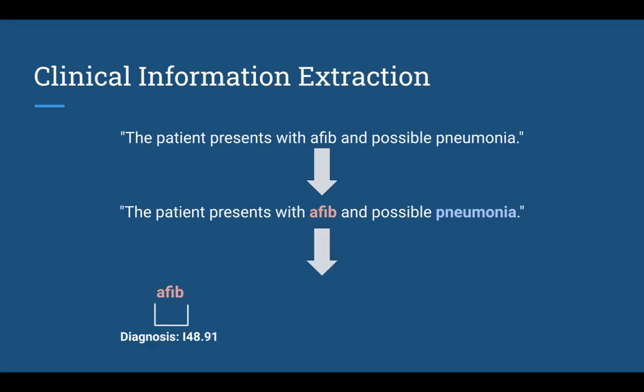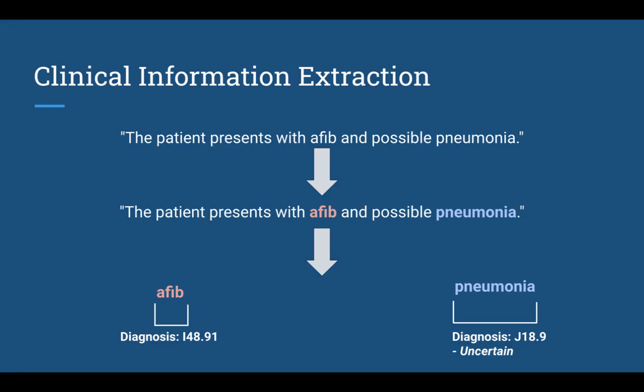So when we recognize this, we can pull this out of the text, and if you have a smart enough system, you can map this string of text AFib to an ICD-10 code, for example, which in this case would be I48.91. And we've talked about terminologies as that they give you this unambiguous, structured way of seeing data. So the other concept here is pneumonia, which would have this ICD-10 code.